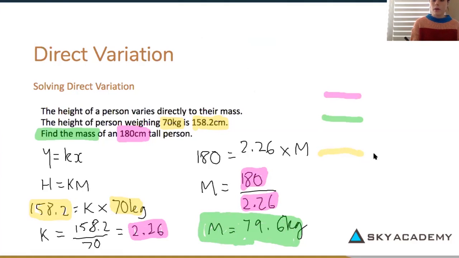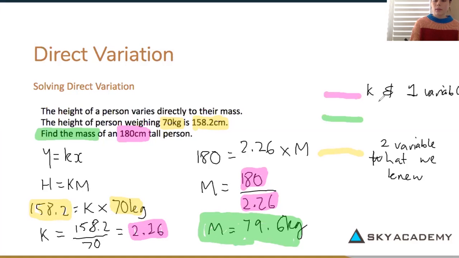Our yellow was what we knew, the two variables that we knew. Then our purple was the constant k and the 1 variable that we knew. And green was what we found.